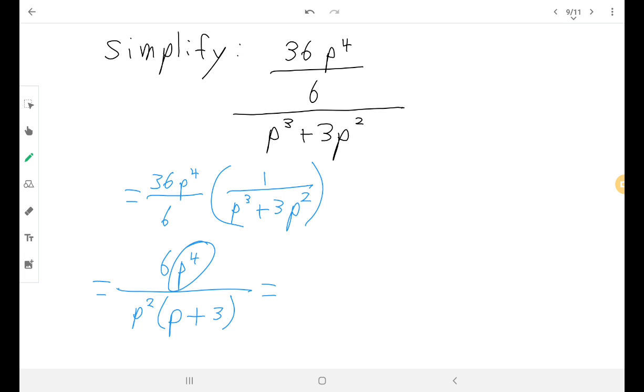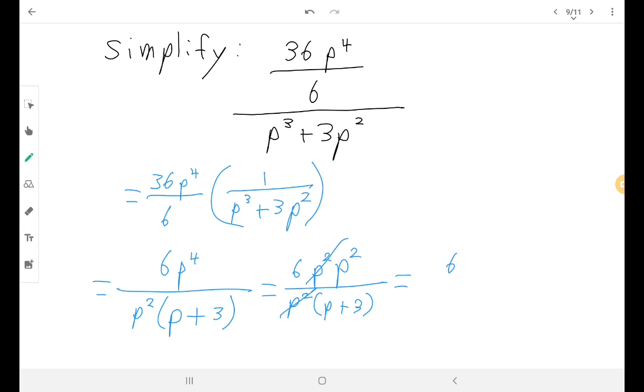And then you can take this and you can say, well, that is the same as p squared times another p squared, right? I'm just writing the p to the 4th in a format that helps me a little bit more. Over p squared times p plus 3. And then this p squared cancels one of those p squareds.